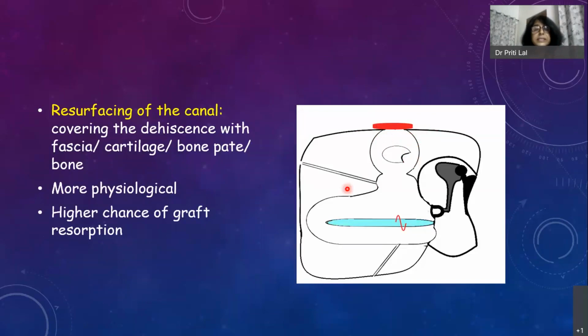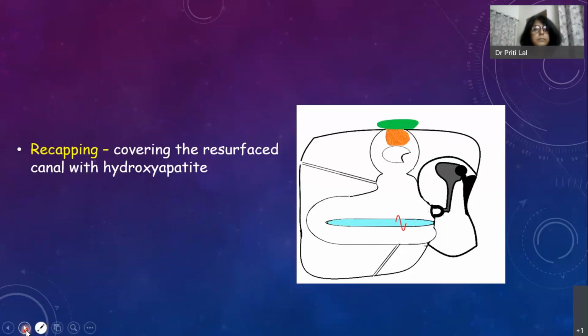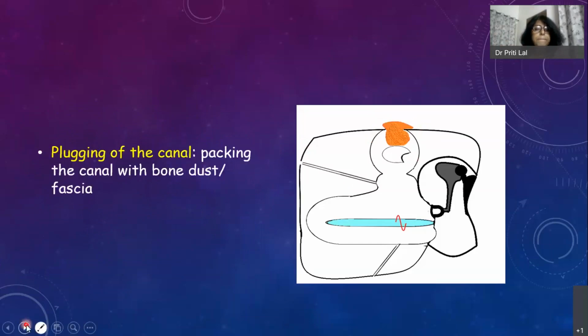However, it is associated with a higher recurrence rate because there is a higher chance of graft resorption. Now, to prevent the recurrence, we can recap the already resurfaced canal with hydroxyapatite. Or we may plug these canals with bone dust and/or fascia and obliterate them.